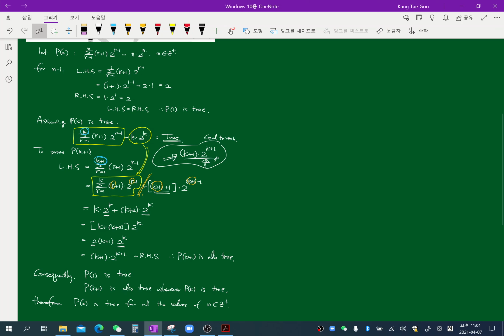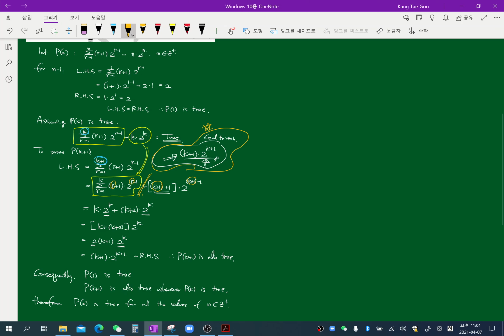And then the next step is to prove P k plus 1. Yes, we need to prove for P k plus 1. For this step, we usually start from the left hand side, and we know what our goal is. So we bring the expression for P k plus 1, and then we modify, simplify, and reach the right hand side, our goal.